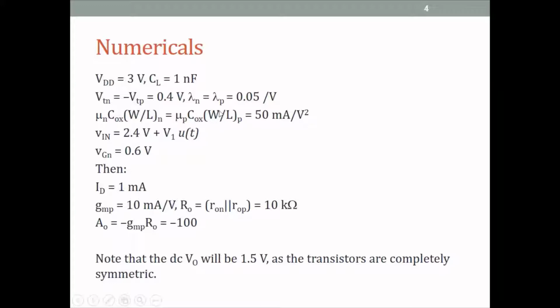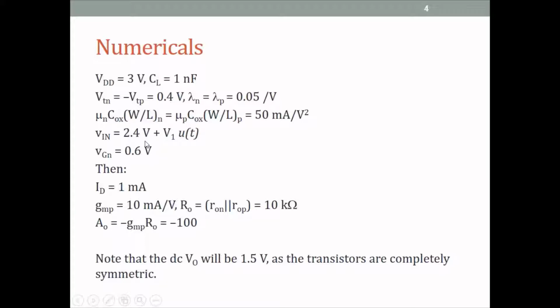What this will do is make the NMOS and PMOS basically symmetric in all respects. And we'll assume a DC gate voltage for the PMOS to be 2.4 volts, for the NMOS 0.6 volts. So both of them have a gate to source voltage of 0.6 volts and therefore an overdrive of 0.2 volts.